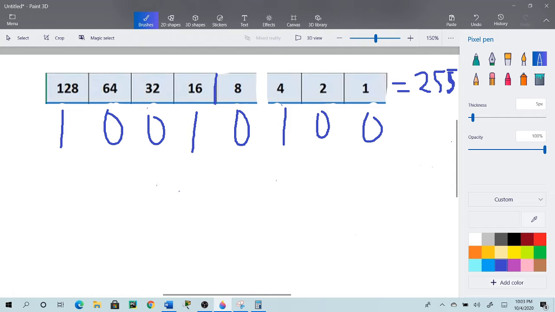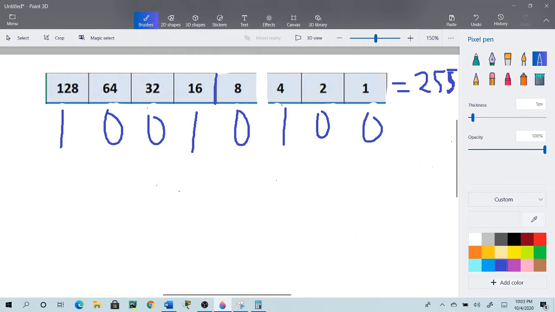Basically, starting from 128 all the way to 1, if you see a 1 under a number, that means that number is the only one we are going to consider. The numbers that have 0 are off. Don't worry about them. Just add up the numbers that have 1 underneath.